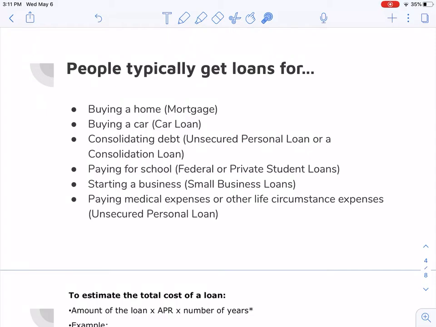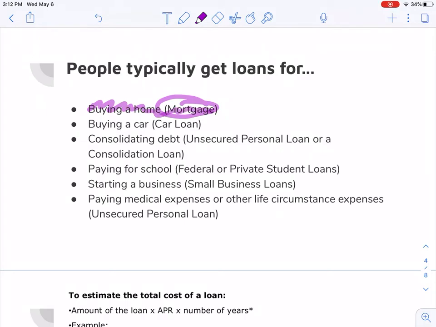So here are some things people typically get loans for. People get loans to buy a home. The majority of people do not save up the amount of money to buy a home in cash right out. Most people have to take out a loan called a mortgage in order to buy a home.